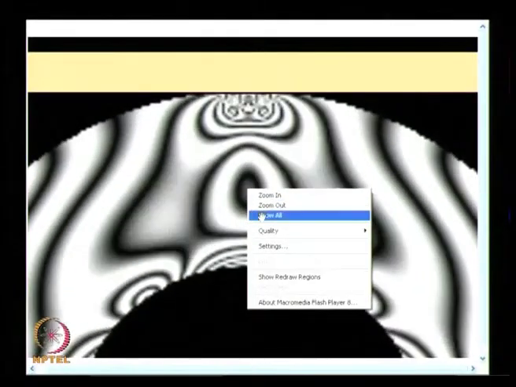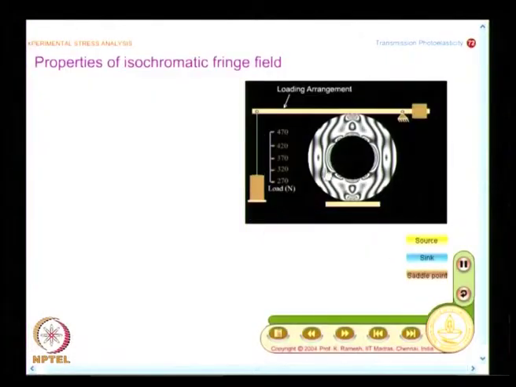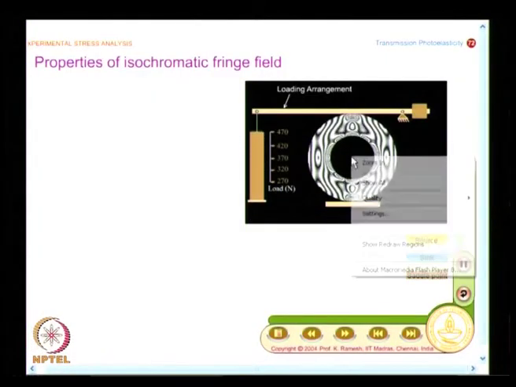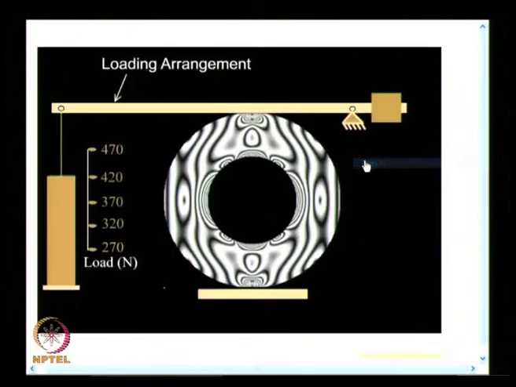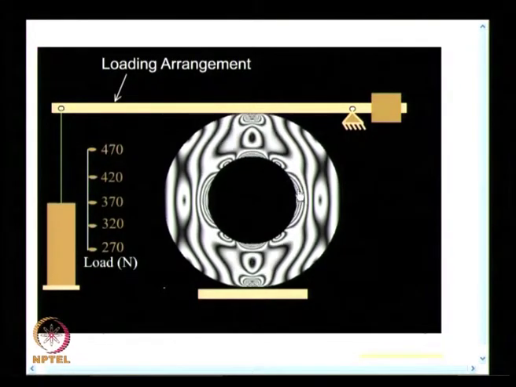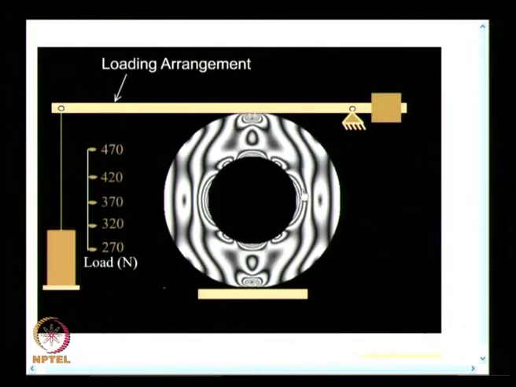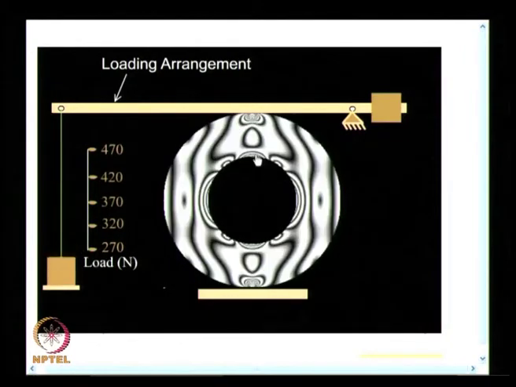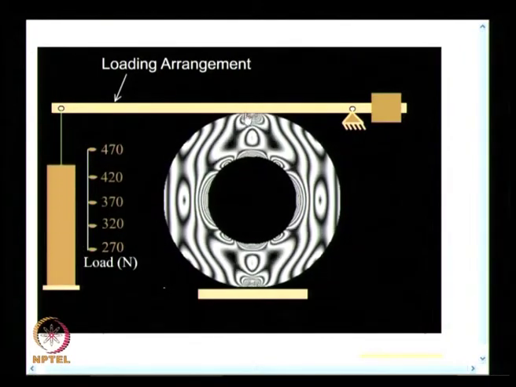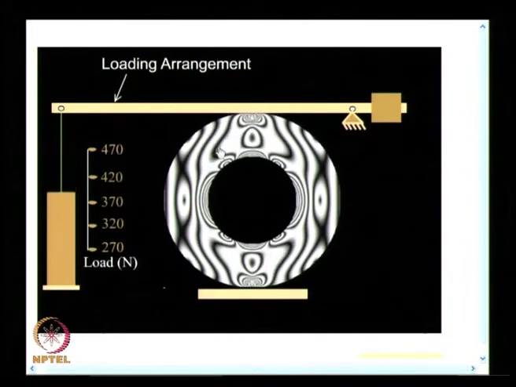The other feature we have looked at is points where fringes originate. I have a fringe originating here, another fringe originating here, near the load application point, and they move out.